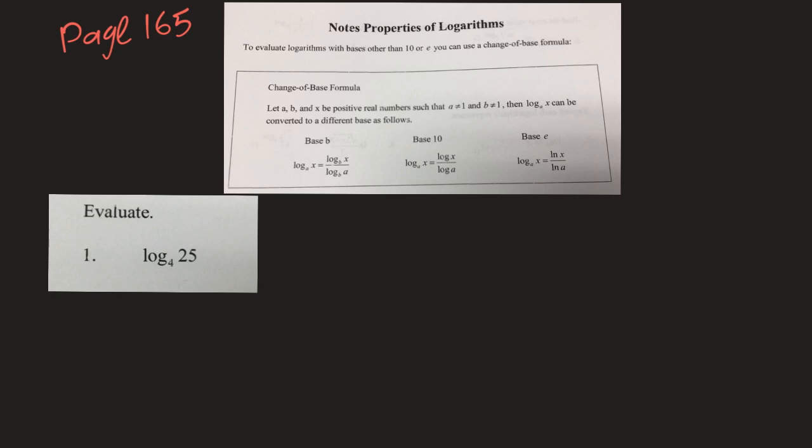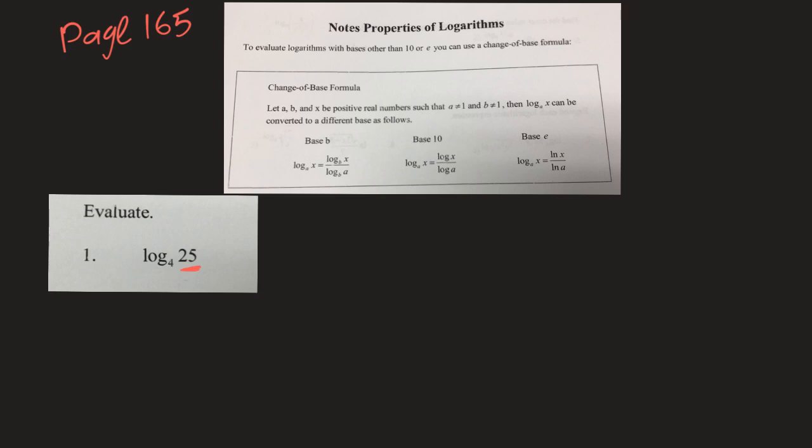The idea is that we can rewrite any log with a different base by setting it up as a fraction. The key thing to remember is the number inside, so for example on problem 1, that 25 will end up in the log that's on top, and the 4 would end up as the log on bottom.